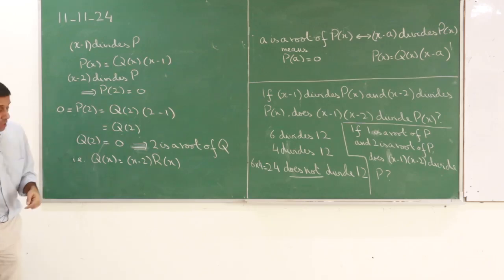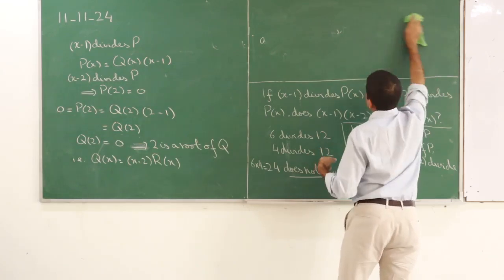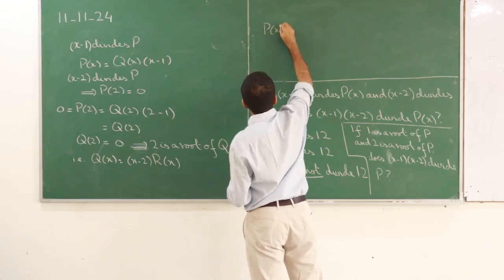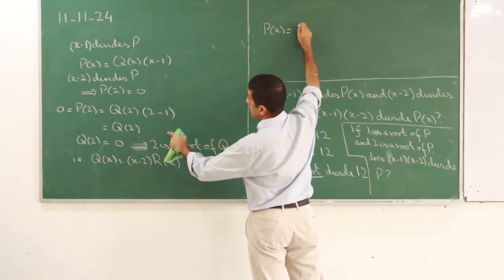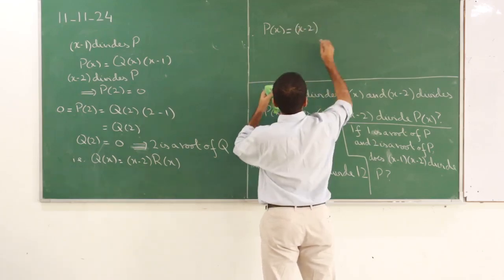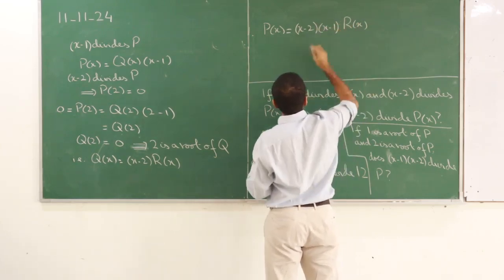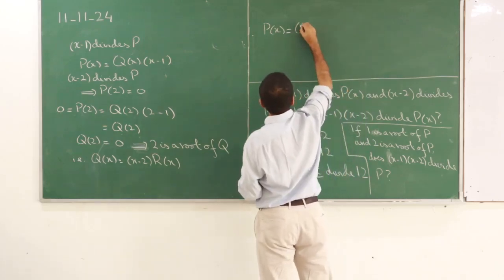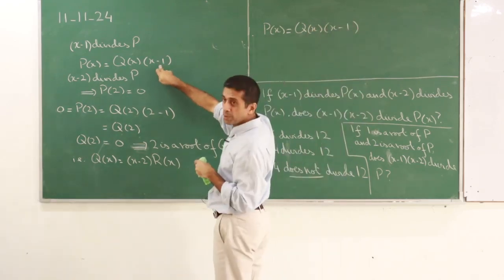So if you put all of these things together, what we find out is that p of x is equal to q of x into x minus 1, that's this equation.